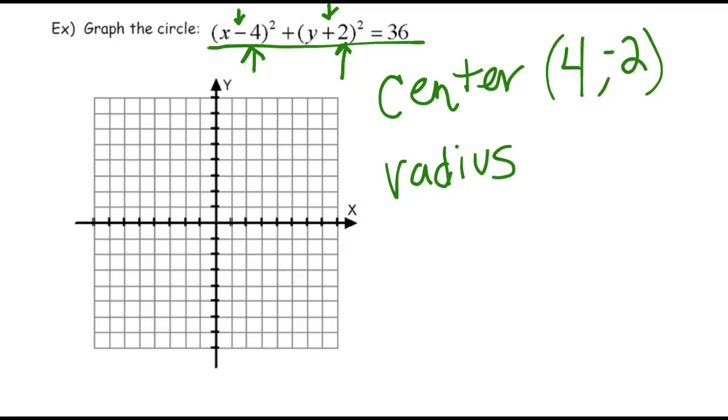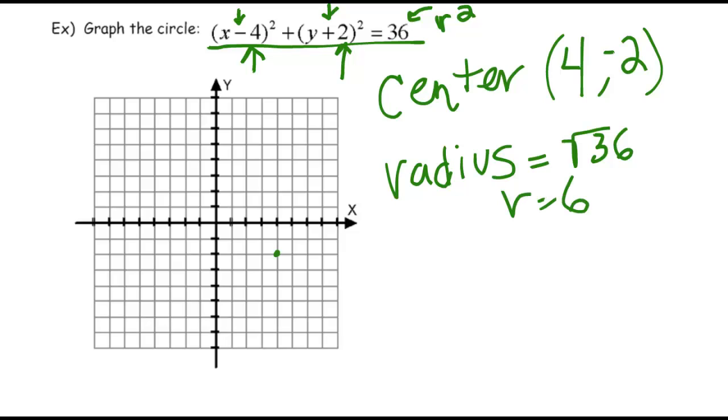So over 4, down 2, about right there's my center. And then my radius is the 36, but remember that the 36 is r squared. So we have to take the square root of 36 to get the radius, and so r equals 6.